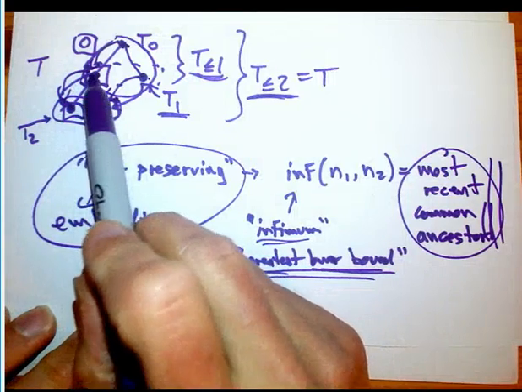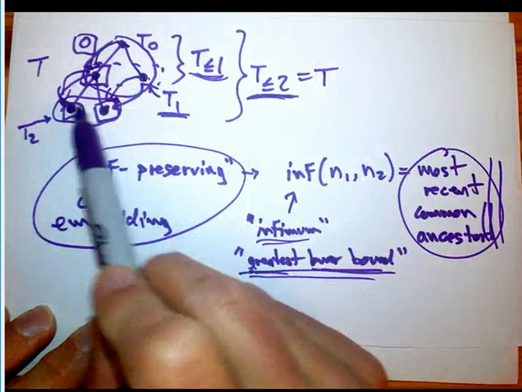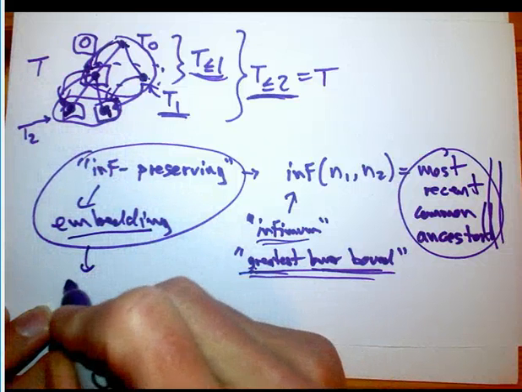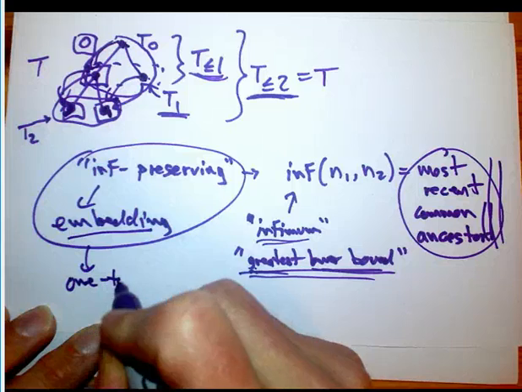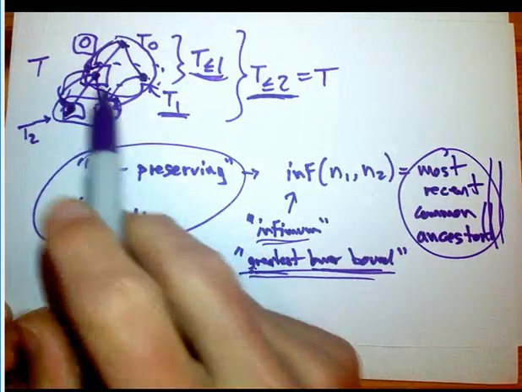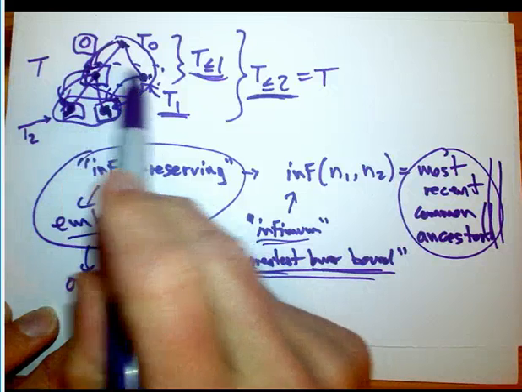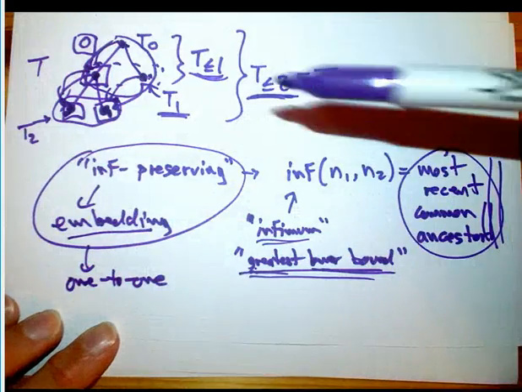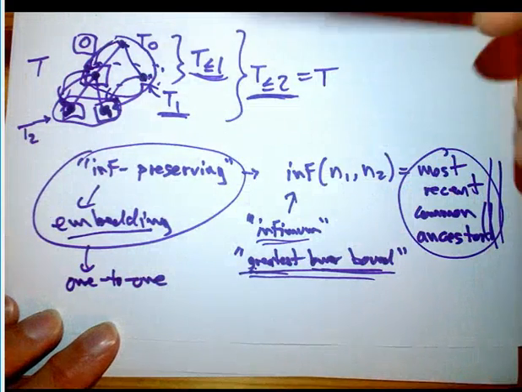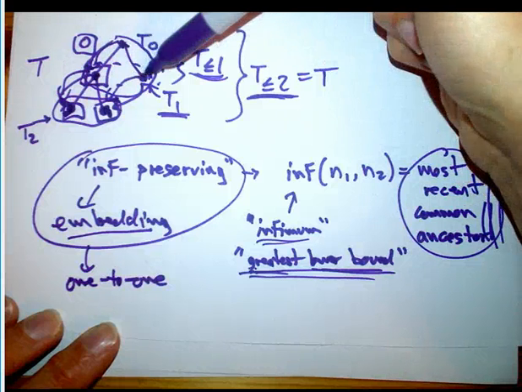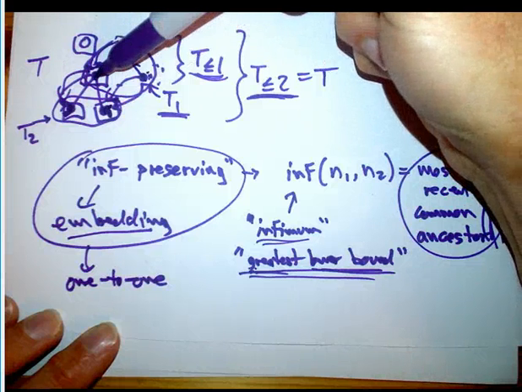Well, first of all, it maps the front rank here into here, and the embedding part means that it's one-to-one. The whole thing should not collapse any nodes into any nodes. In particular, these two nodes should not be collapsed into one. That's not legal. Okay? And I'll say a little bit about why this is a reasonable rule and not just a totally artificial game in a second. So these two are going to these guys, and this guy maps to here.